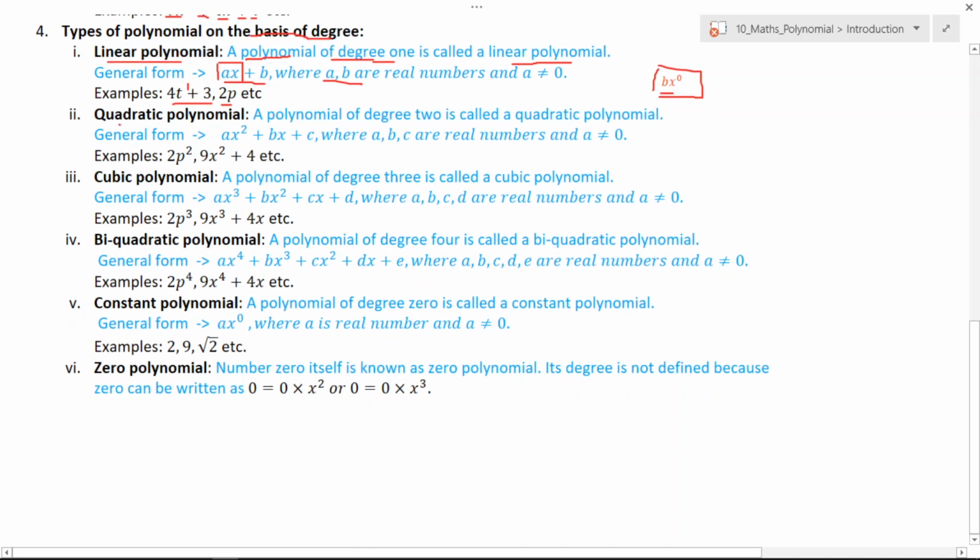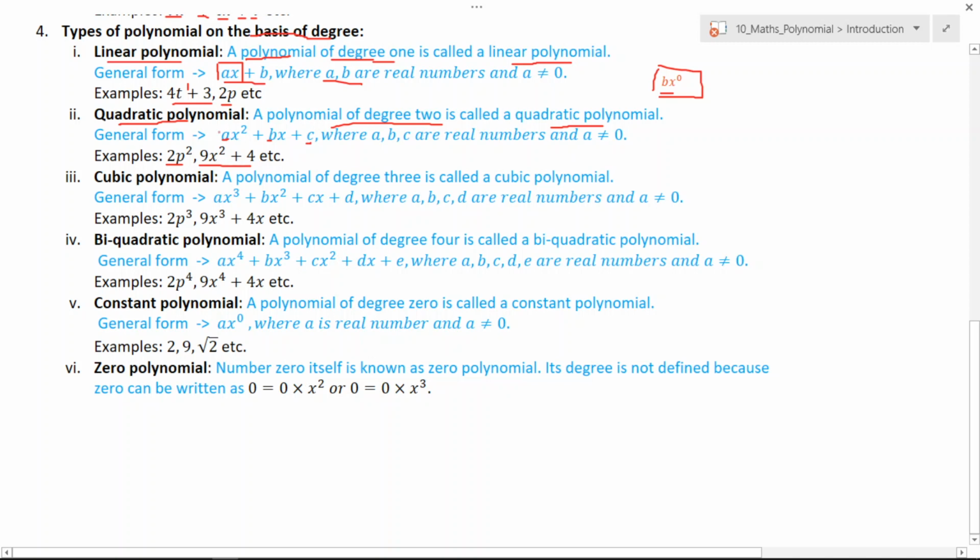Next, quadratic polynomial. A polynomial of degree 2 is called a quadratic polynomial. Example 2p square, because the degree of 2p square is 2, so it is a quadratic polynomial. 9x square plus 4, the degree is 2, so it is a quadratic polynomial, and its general form is ax square plus bx plus c, where a, b and c are real numbers and a is not equal to 0.